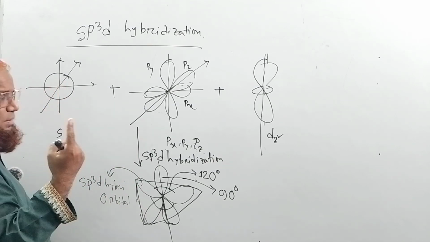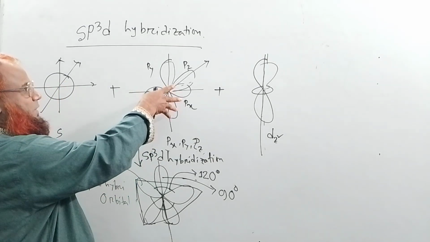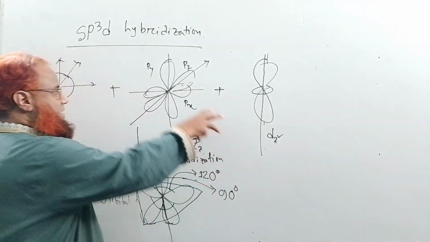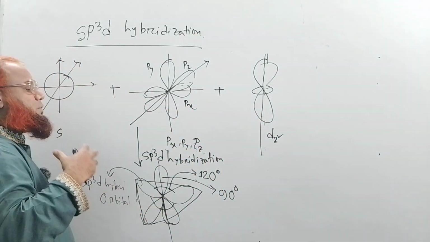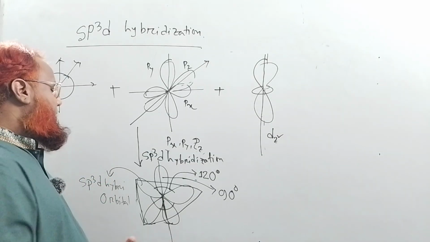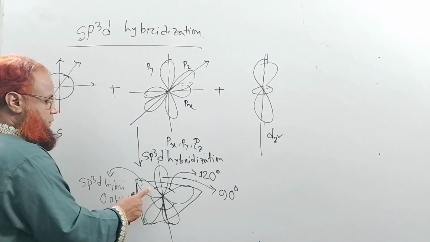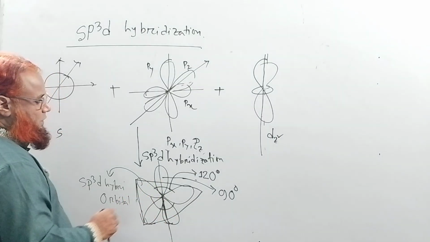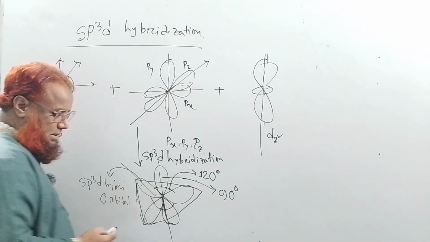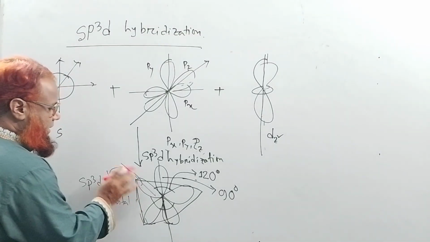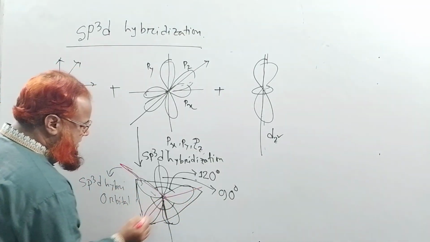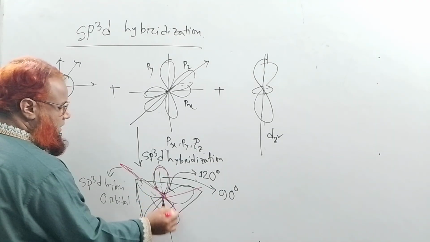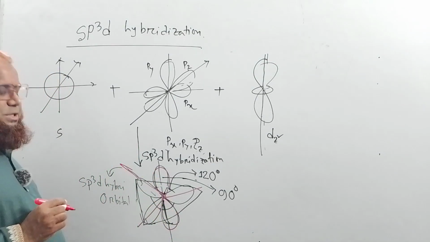So my dear student, again the final touch about the basic concept of sp3d hybridization. One s orbital, three p orbitals and one d orbital, that is dz square orbital, will intermix together and the total number of hybrid orbitals is 5. The 3 orbitals will be arranged like this trigonal shape, and the rest of the 2 orbitals will make this perpendicular shape.